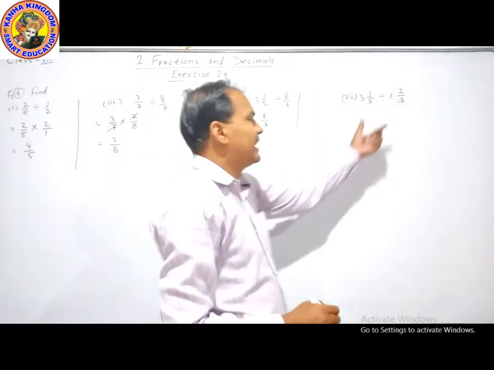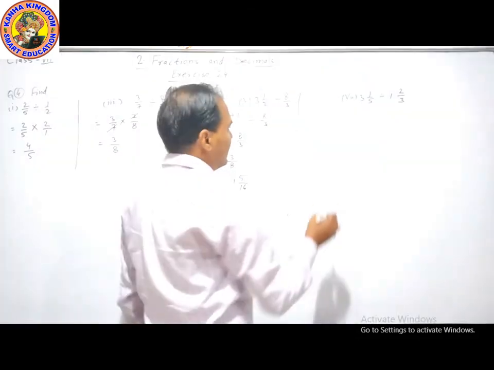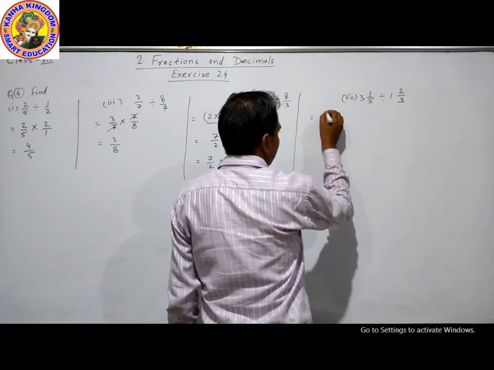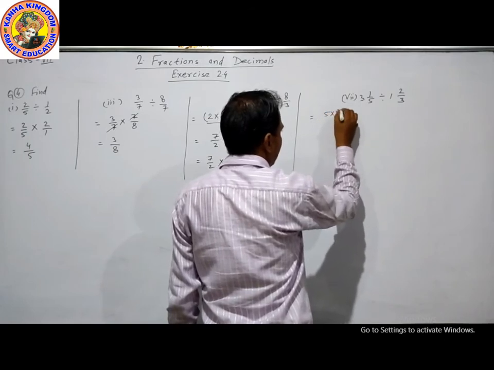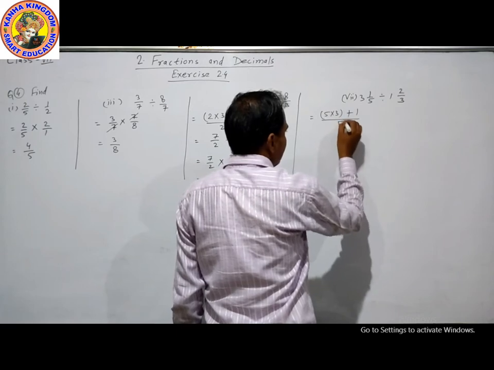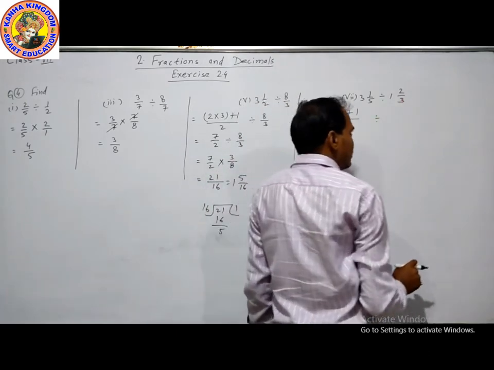Next, there are two mixed fraction numbers. First of all, we will change into normal fraction numbers. 5 into 3 then plus 1. Divisor is 5. Divide. The second digit is also a mixed fraction number.